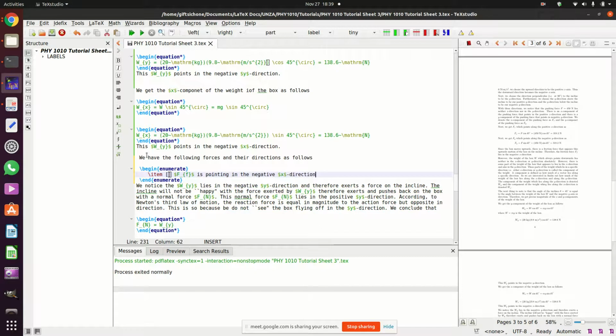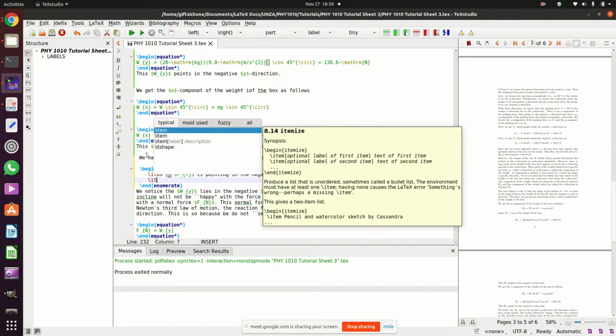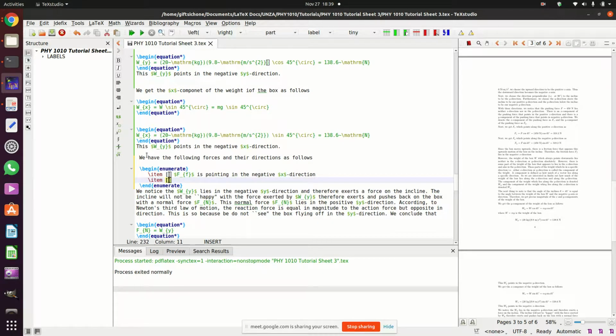Next, another force pointing in the negative x direction is Wx.